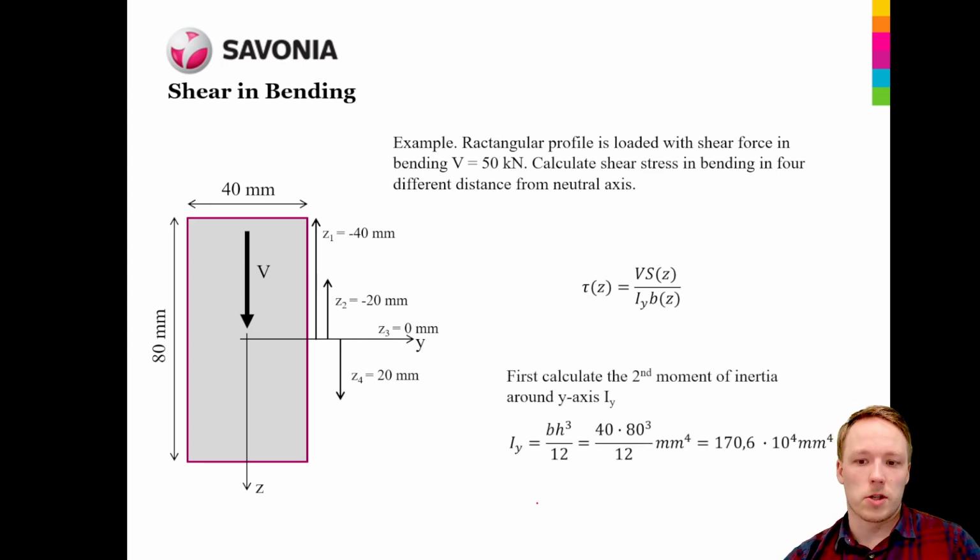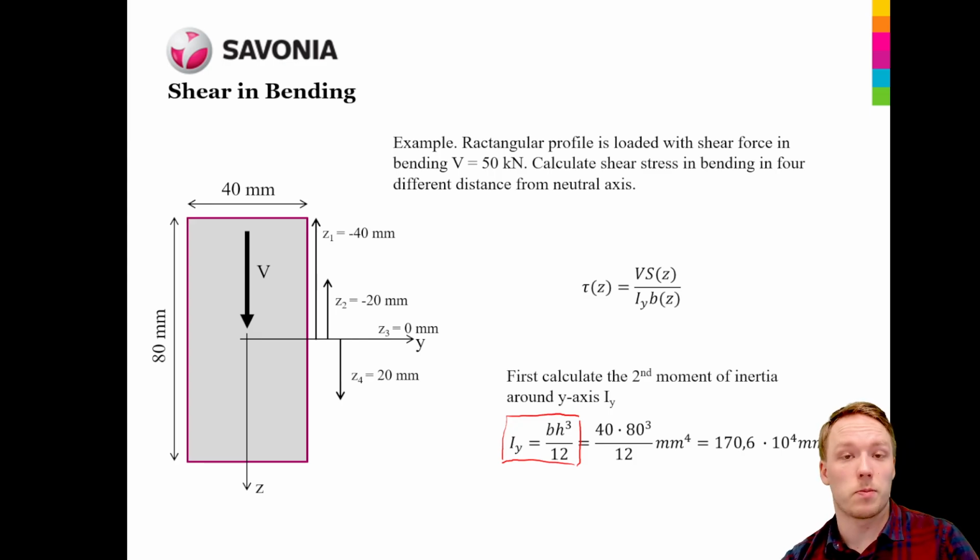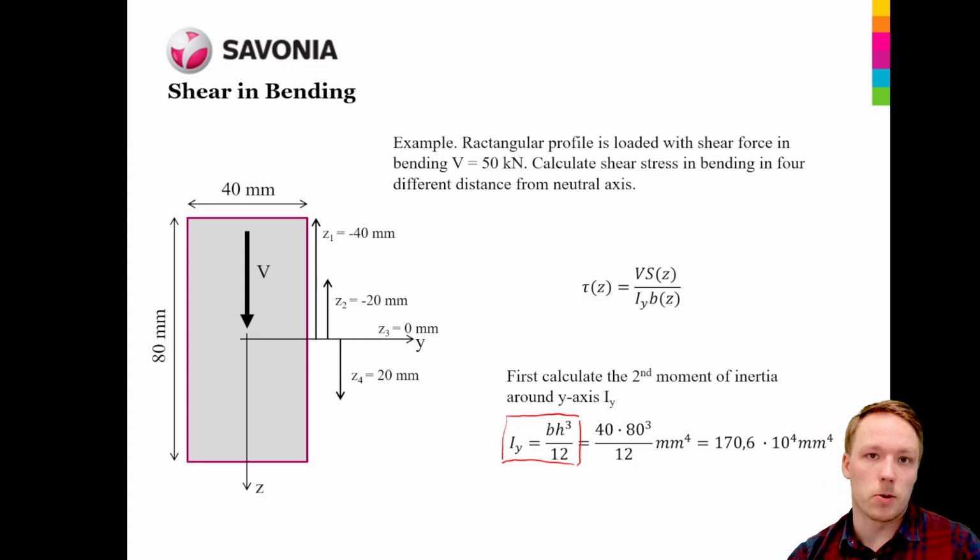So first thing we need to do is to calculate the second moment of inertia around the y-axis. It's the familiar equation which we know. b is the width, h is the height, and that is to the power of 3, and that is what we get. So the second moment of inertia of this profile is 170.6 times 10 to the power 4 millimeters to the power 4.